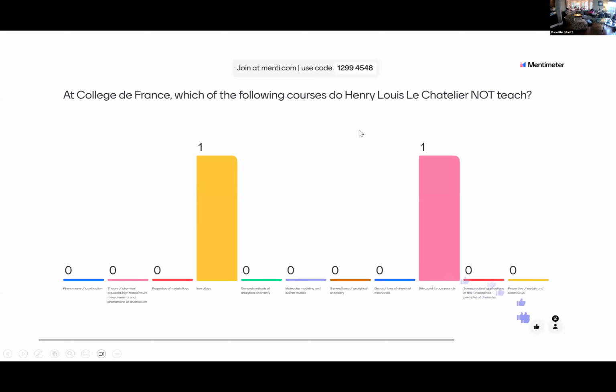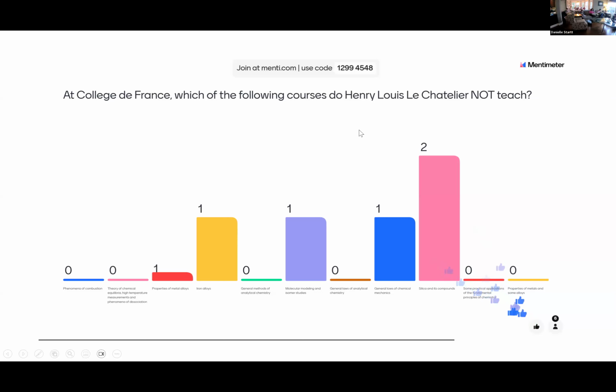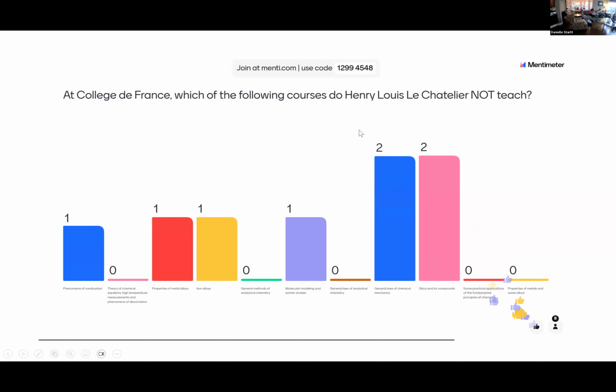So you've got phenomena of combustion, theory of chemical equilibria, high temperature measurements, and phenomena of dissociation, properties of metal alloys, iron alloys, general methods of analytical chemistry, molecular modeling and isomer studies, general laws of analytical chemistry, general laws of chemical mechanics, silica and its compounds, some practical applications of the fundamental principles of chemistry, or properties of metals and some alloys. Lots of choices. Yeah, there's one of these he did not teach.